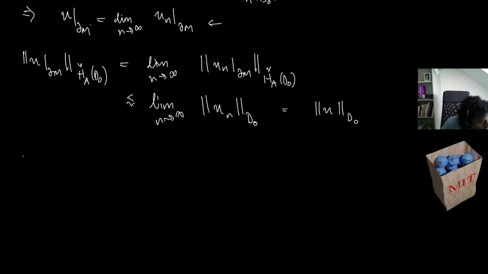Okay, so the other direction: now for H check A D naught is contained in H check of D naught.